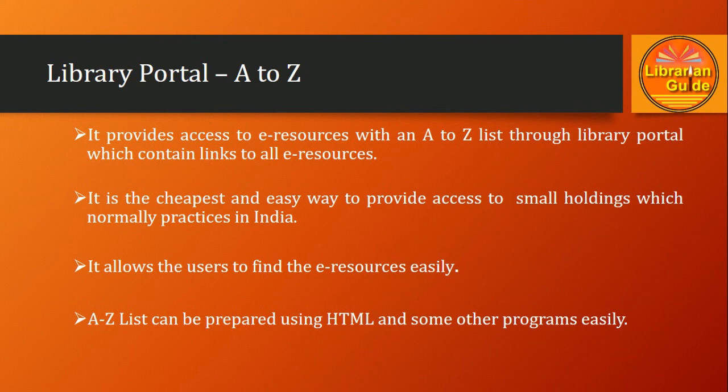It is the cheapest and easiest way to provide access to the holdings, which normally is a practice in India or a small country. The benefit of the library portal is that it may contain the list as you wish, and it allows users to find the e-resources easily.